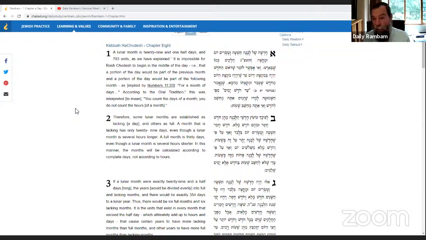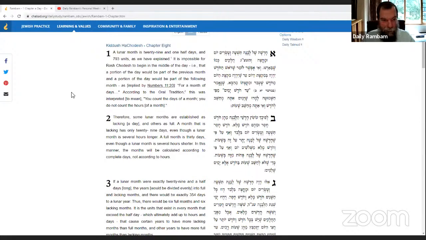So if you have 6 months of 30 days and 6 months of 29 days, that's the equivalent of having 12 months of 29.5 days. So 6 times 29 plus 6 times 30 equals 354. So that's how we get the Jewish calendar year to be 354 days, although there are exceptions, which we'll soon discuss. And therefore, 6 months are 29 days and 6 months are 30 days.